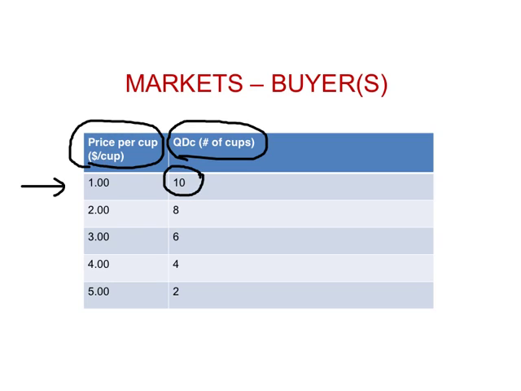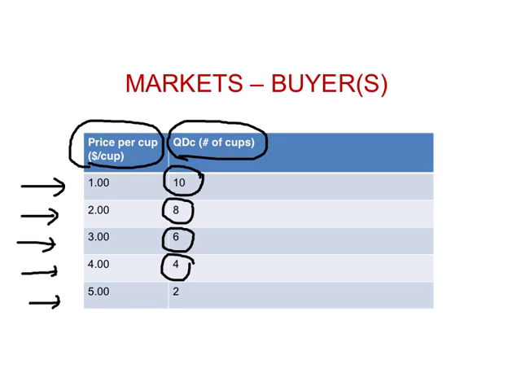When the price is $1 per cup, this person is likely to buy 10 cups of coffee. If the price is $2 per cup, this person is likely to buy 8 cups of coffee. If the price is $3 per cup, 6 cups of coffee. If the price is $4 per cup, 4 cups of coffee.